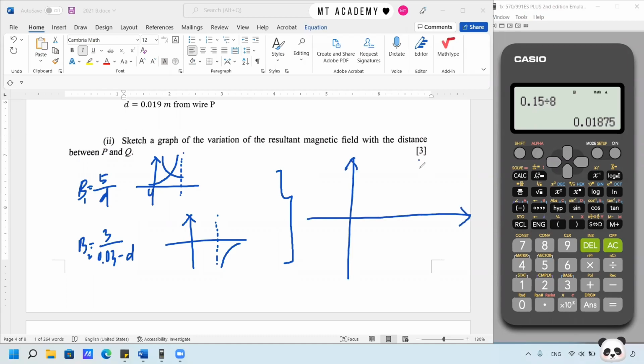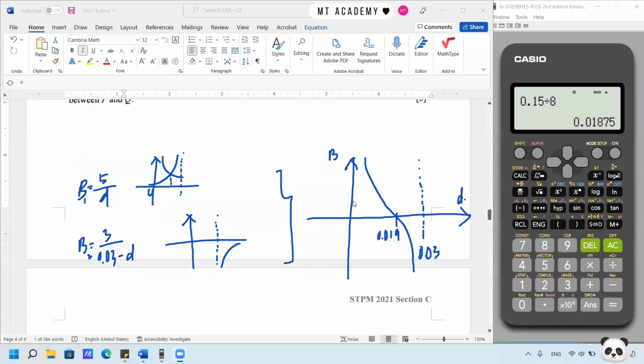If we perform B1 minus B2, this point should be where you have zero resultant B. You should obtain something like this, where this point is equal to 0.019. So this should be the graph of the resultant magnetic field. Then you should do the labeling and the distance.